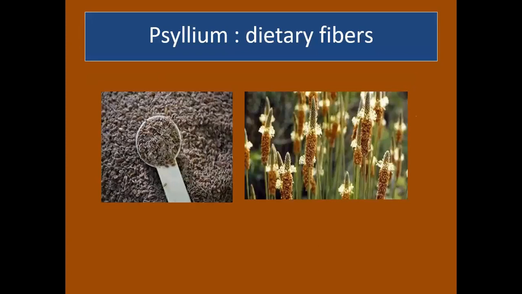This is the structure of psyllium, which in Marathi we call by a local name, and in botanical terms it is known as isabgol. Alsi is one example of this.